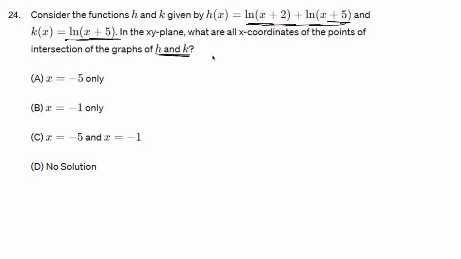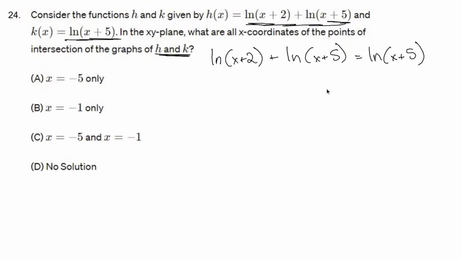So what I'm going to have is ln of x plus 2 plus ln of x plus 5 equals ln of x plus 5. Now, I could approach this 2 different ways.